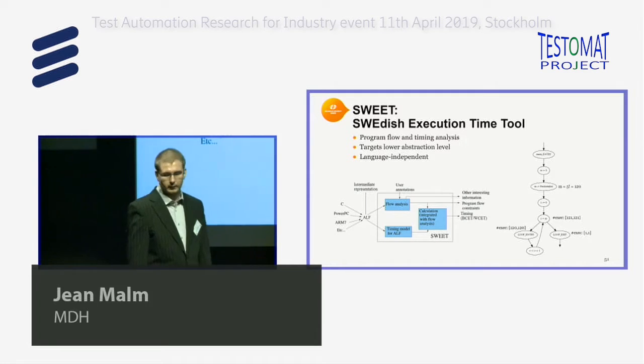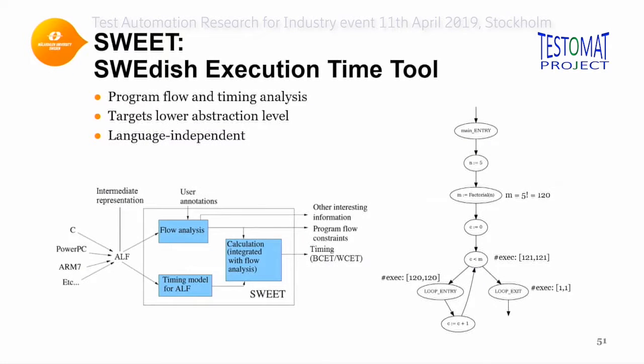Mälardalen has developed a tool for performing this kind of analysis, for example program flow and timing analysis. Because the tool should be usable with a lot of different programming languages, it actually uses an intermediate representation called ALF.